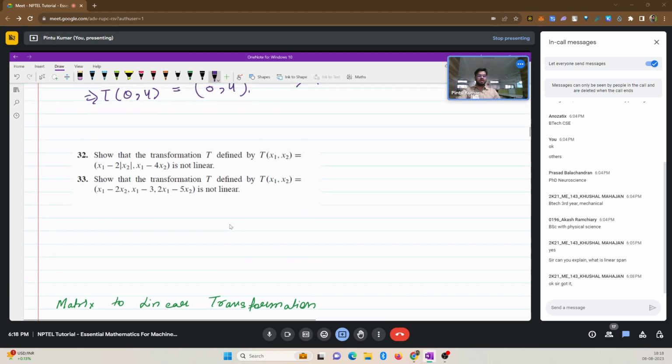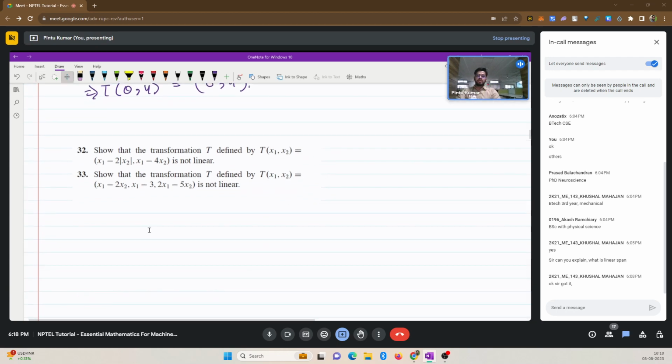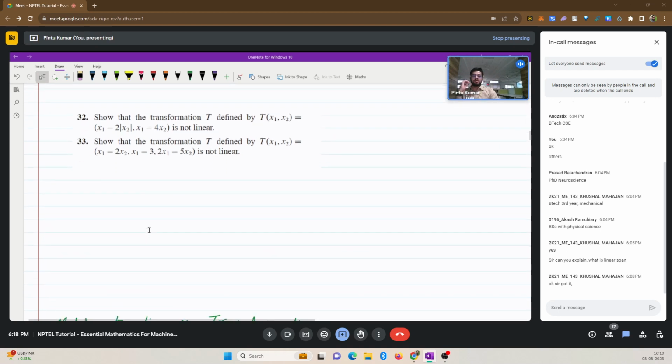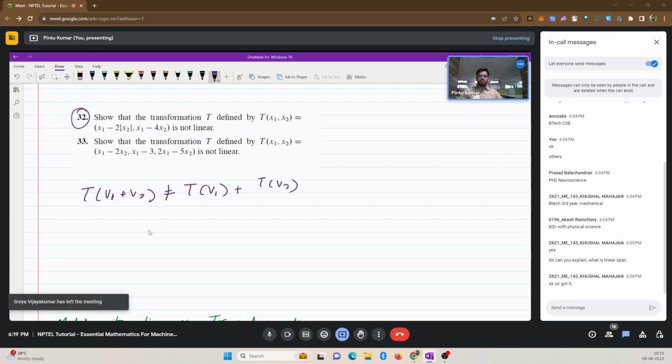Okay. Now I have two more negative examples. I want you to try at least example number 32. Tell me two values, let's say if I have v1 plus v2, I don't want it to be equal to T of v1 plus T of v2. So tell me values of v1 and v2 that I should take so that we can prove that this is not a linear transformation.